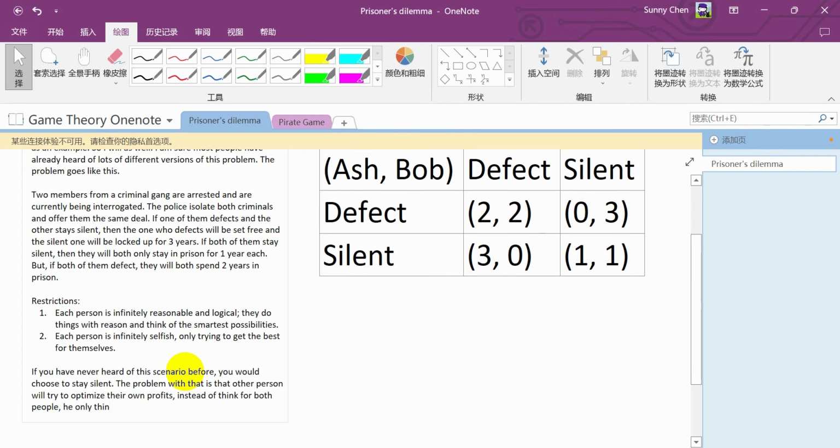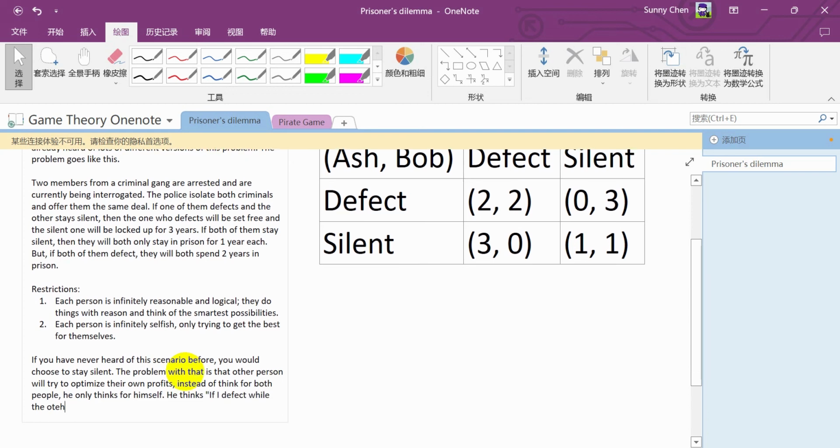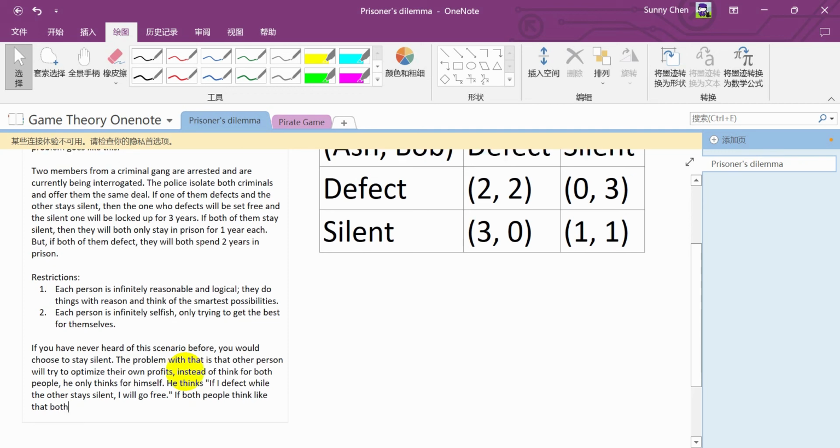He only thinks for himself. He thinks, if I defect while the other stays silent, I will go free. If both people think like that, both will serve 2 years.